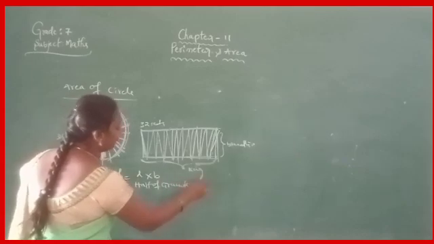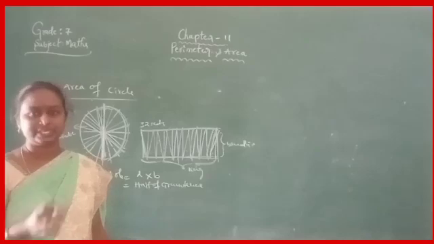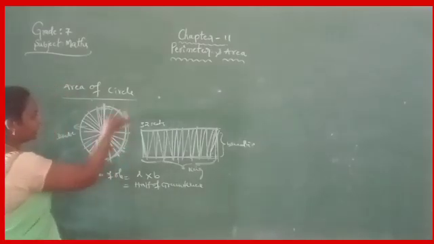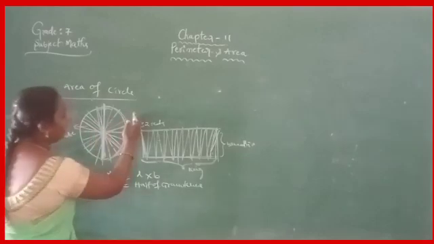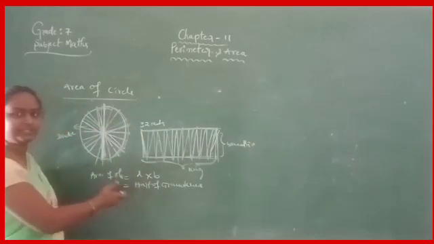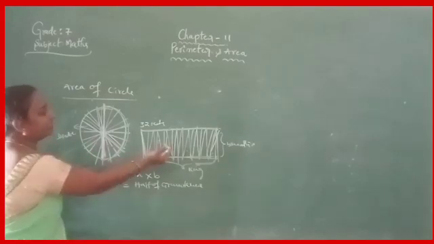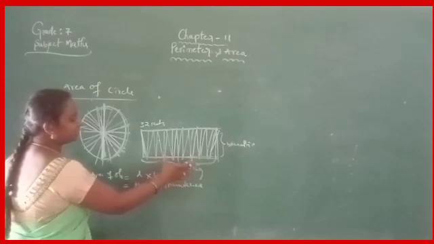Circumference means the total distance around a circular region. Total here is 64 sectors, so half of the circumference means 32 sectors. Half of 64 is 32.